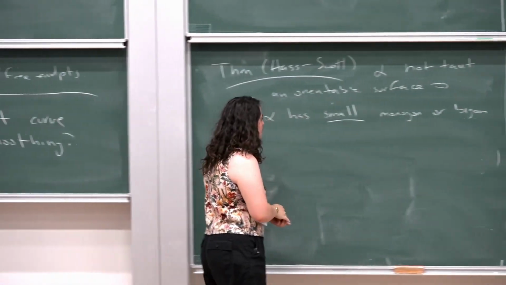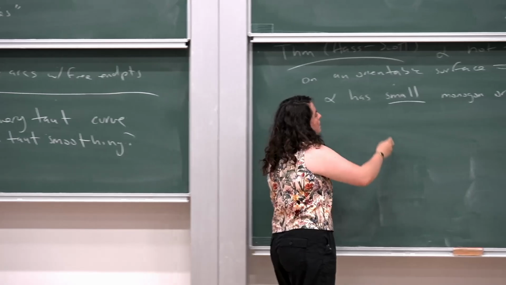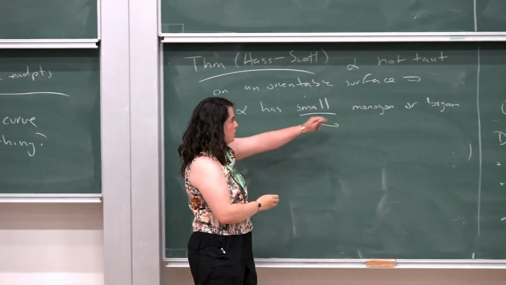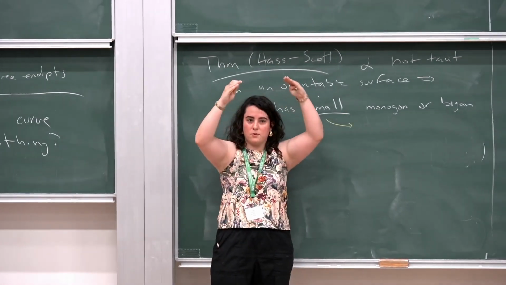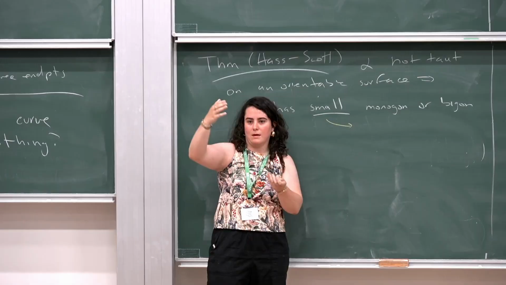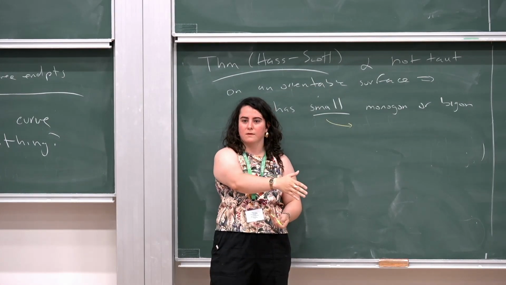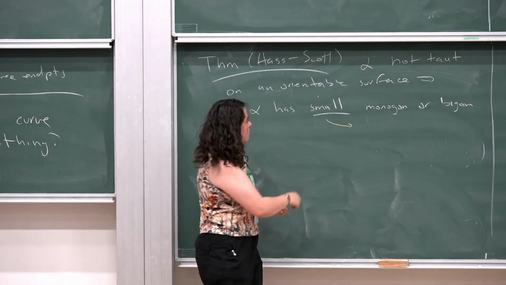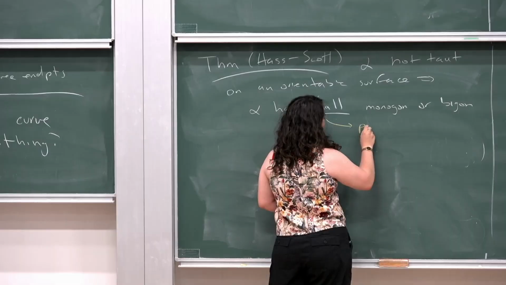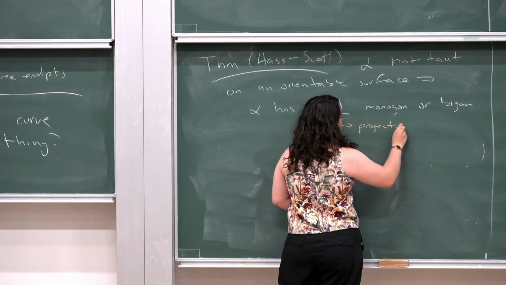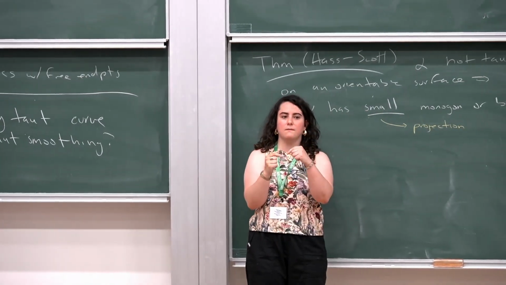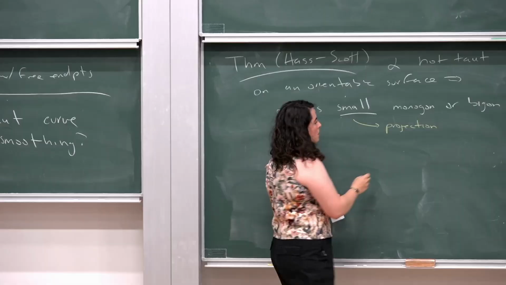Okay, so what does that mean? Small means that the projection, so we're thinking of these objects as living in the universal cover of the surface, and then they project to the curve in the quotient in the surface. So the projection can only fail to be injective in finitely many points.